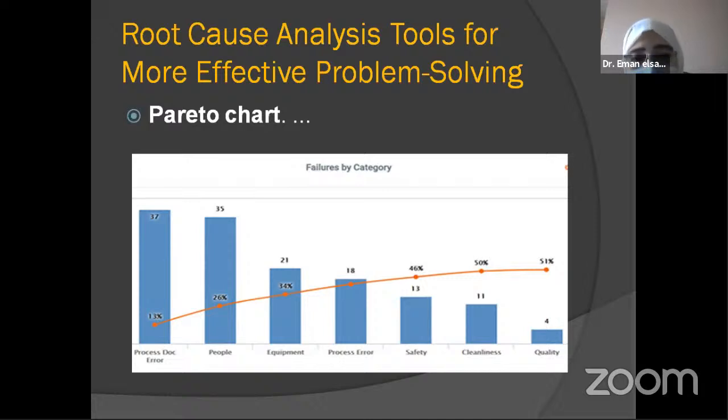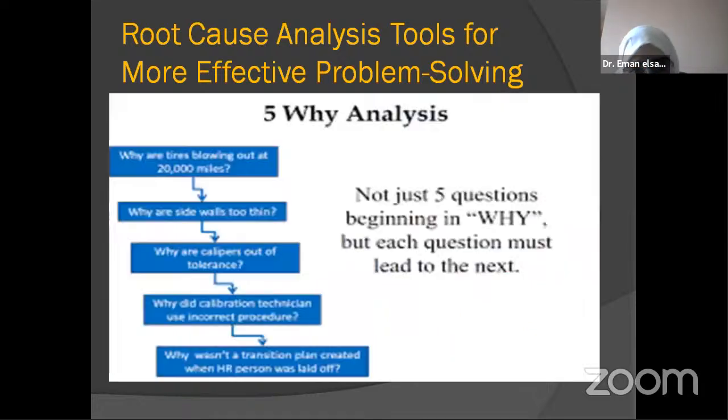How can we make 80-20? It shows what the problem is, and we set priorities to know which 20% of causal factors affect solving 80% of your problems, and give it prioritization to solve your problem.